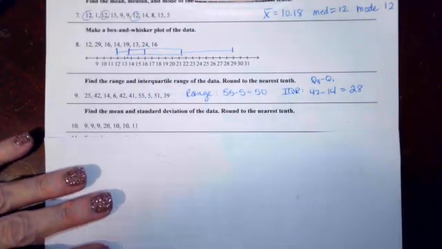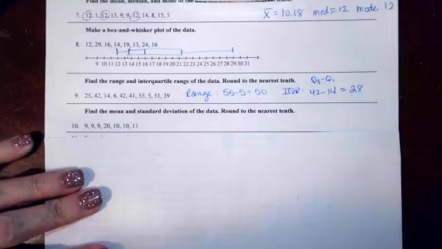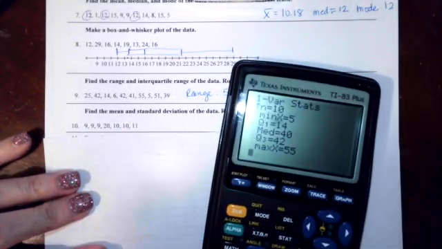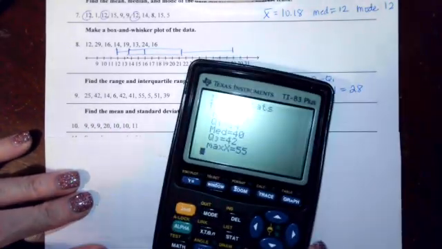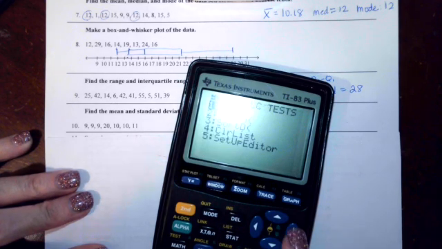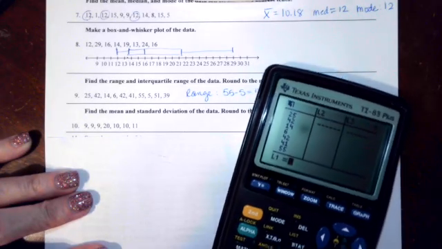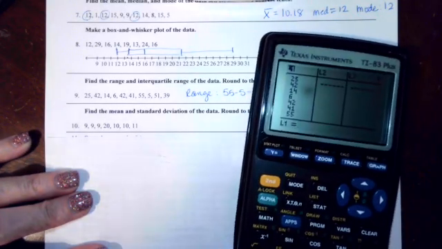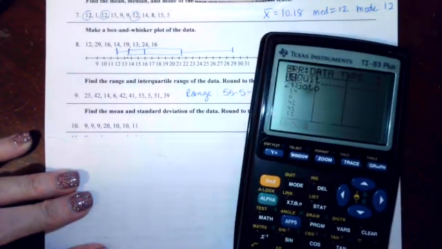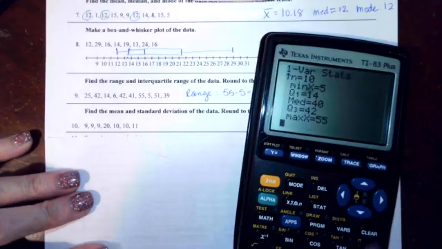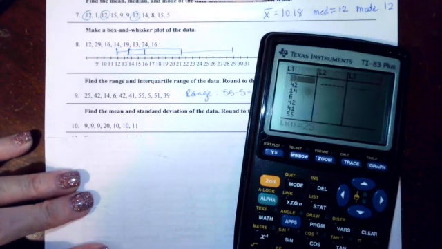All right, number 10, we are finding the mean and the standard deviation. So again, we are just putting this into the calculator. Stat, edit, enter in the numbers. So we've got 9, 9, oh, whoops, stat 1. There we go.